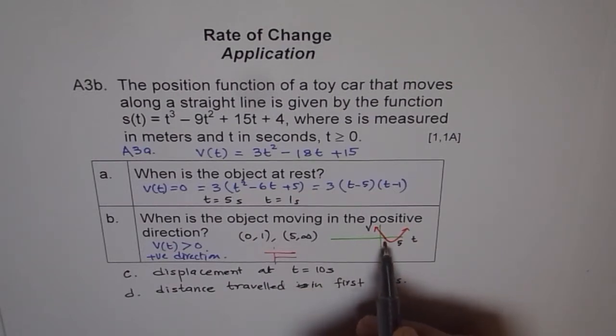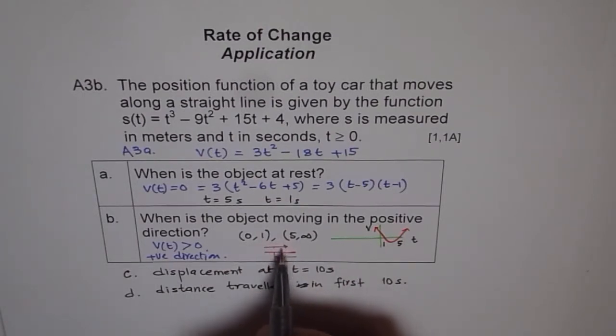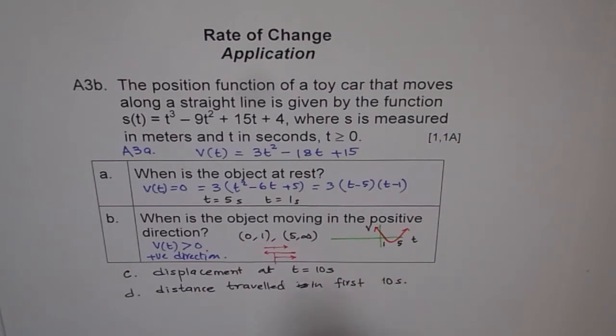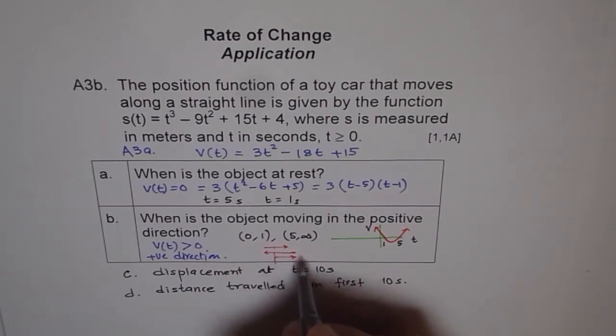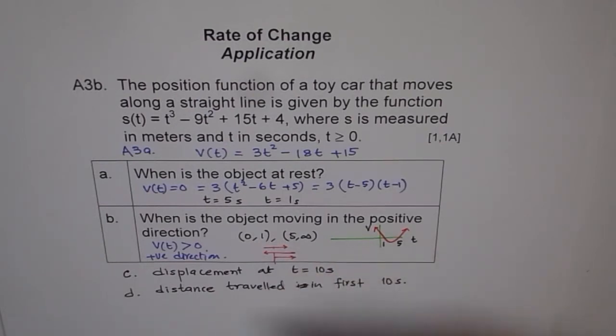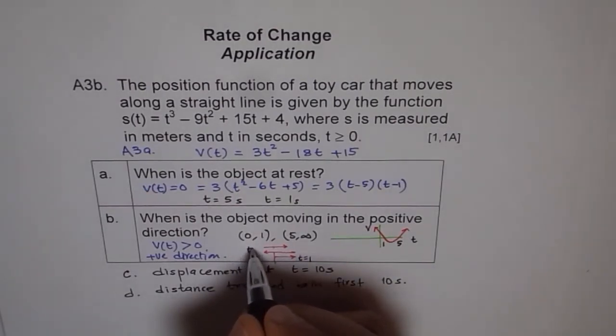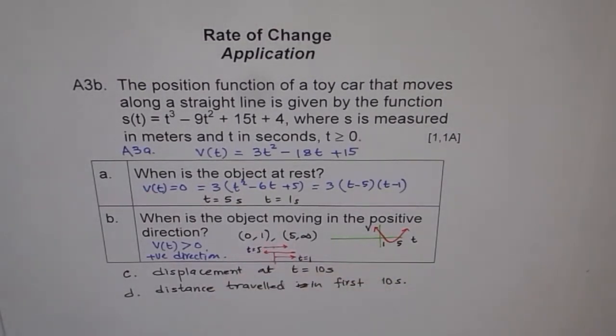And then it goes again in the positive direction. This happens at t equals 5.